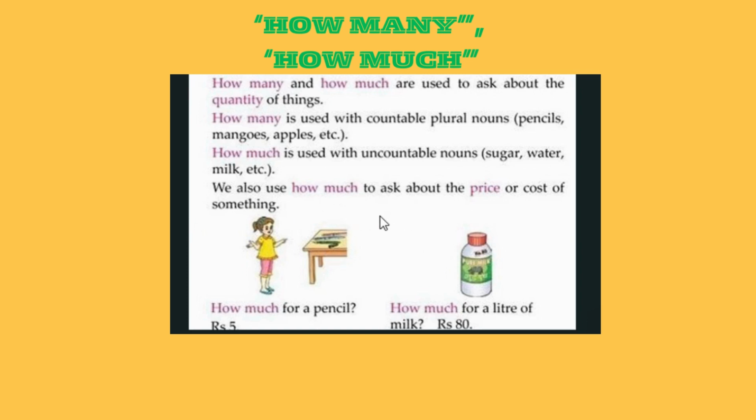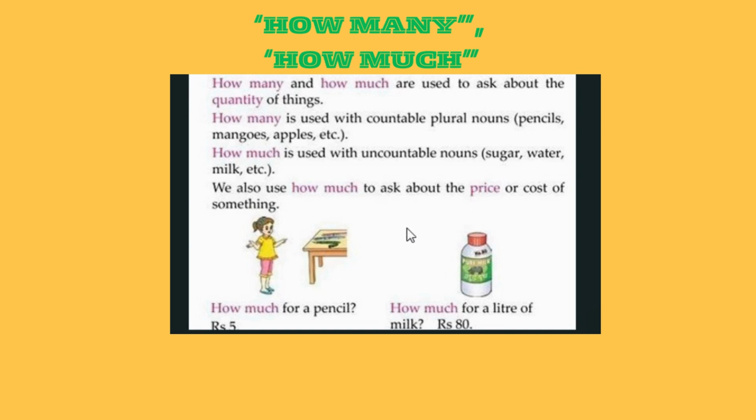When we go shopping, we ask how much does it cost, how much will it cost. It can be anything, like clothes. When we want to know the price of something we want to buy, we usually ask how much it will cost.